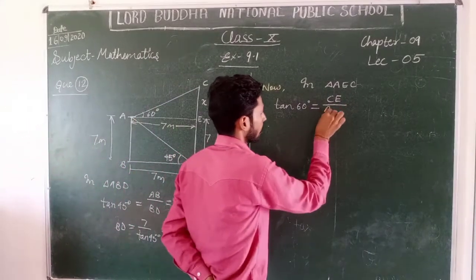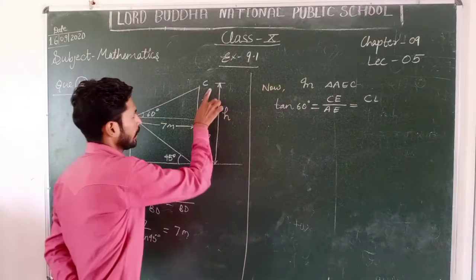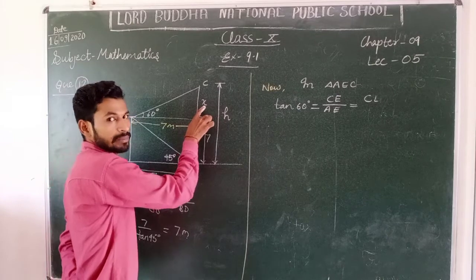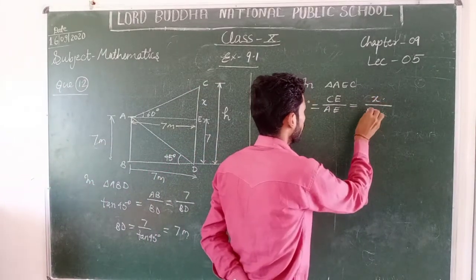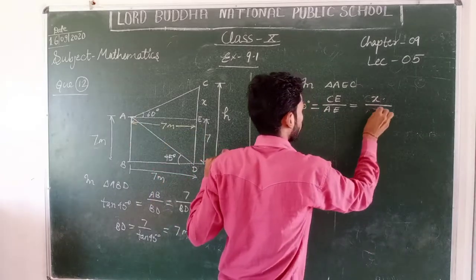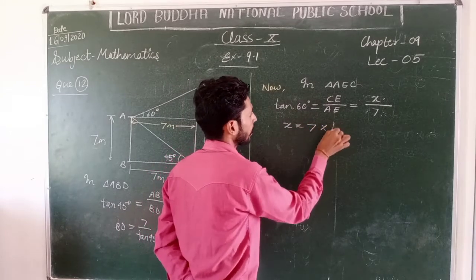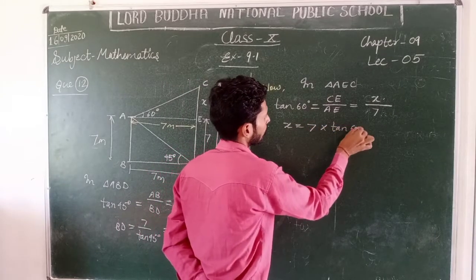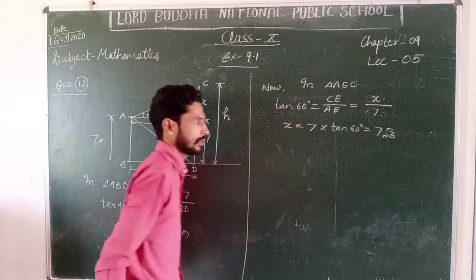AE. Now in place of CE we can put x because we are supposing here, so write here x divided by AE. What is the value of AE? That is 7, so write here 7. So x equals 7 into tan 60 degree, so that will be 7 root 3.